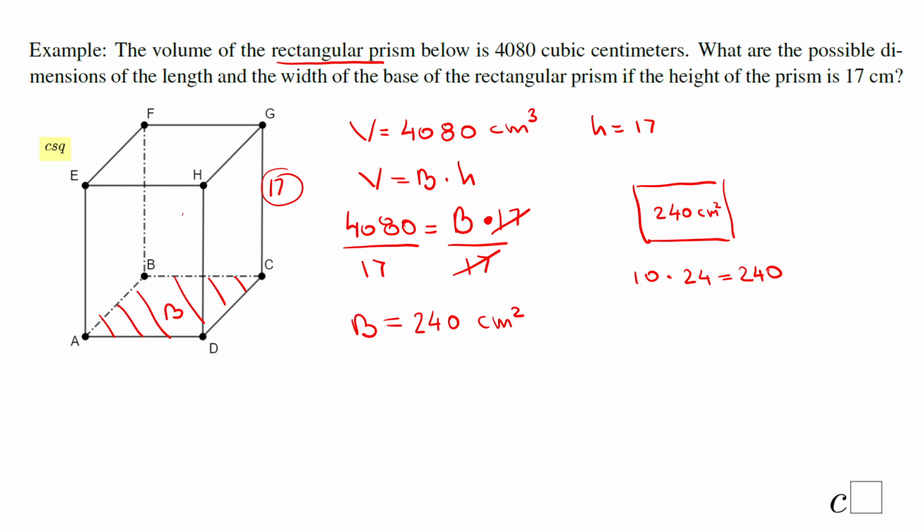That's one choice. Can we have another one? Of course, we can have 20 times 12. That is still 240. So I gave you two choices.